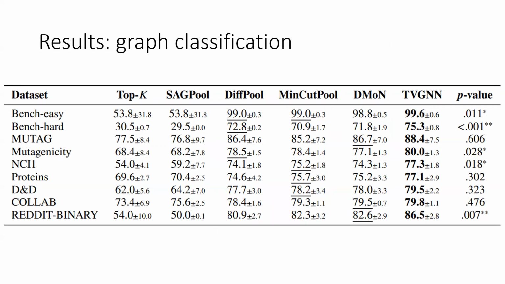The only difference is how the pooling layer is implemented, and that our model uses GTV-conv layers while the other models have GCN layers. The results are very favorable. TVGNN always performs equally or better compared to any other method. In particular, in 5 out of 9 datasets, the improvement in performance is statistically significant at 95% and even at 99% level.